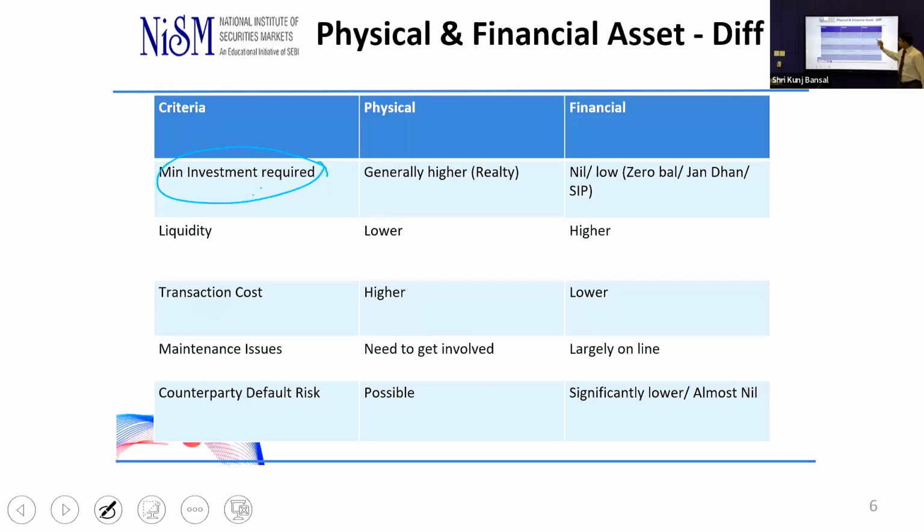As against that, when we come to financial assets, what is the minimum investment required? I've already written nil, because we can open zero balance accounts nowadays, although a lot of banks are resisting that. Then I have written Jan Dhan accounts, which became very popular in the last 2, 3, 4 years or so. And of course, SIP. What is the minimum amount that you need for starting a SIP?